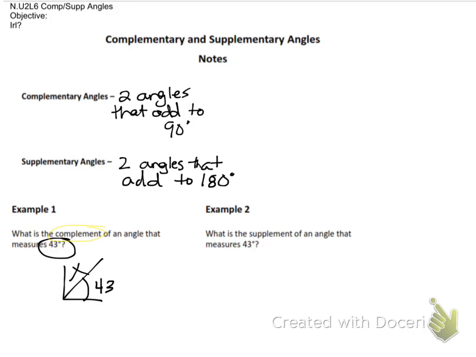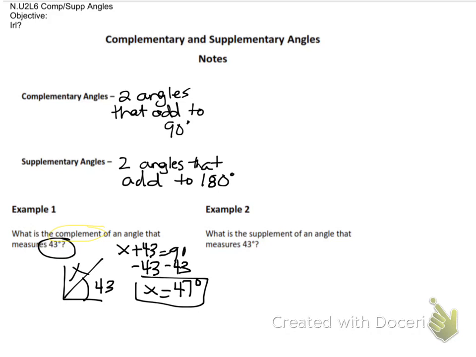So you can set up the equation x plus 43 equals 90, and then we solve by subtracting 43. So x equals 47 degrees. That's one way, or you could just go right off the beginning and say, if I know it's complement, that's 90, 90 minus 43, done, gets me 47. So that's one example you might see.